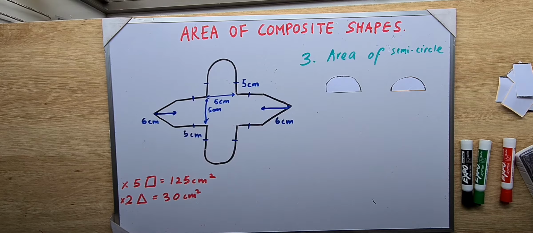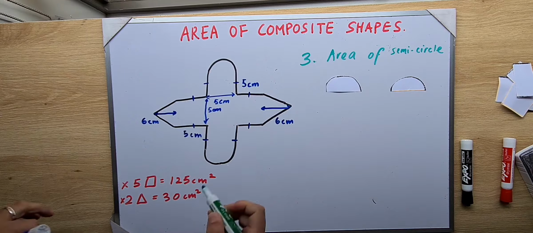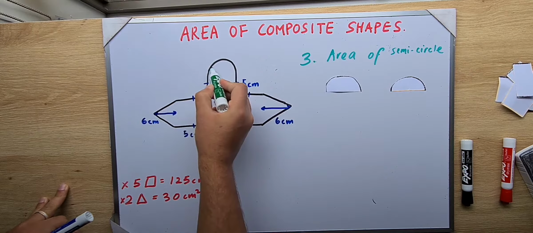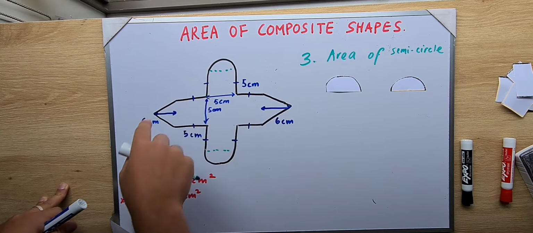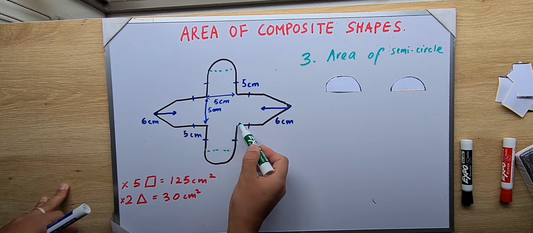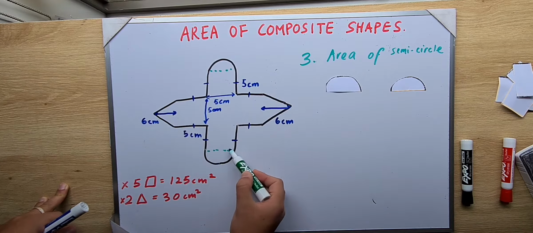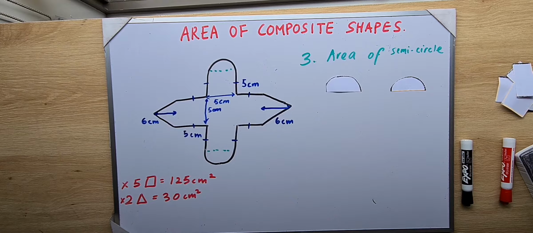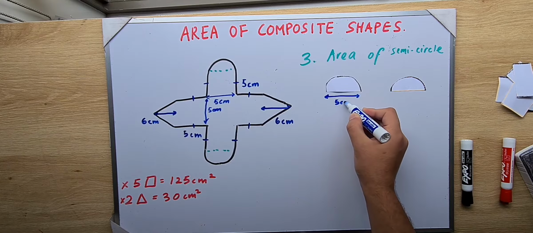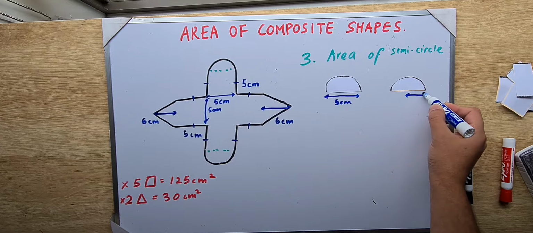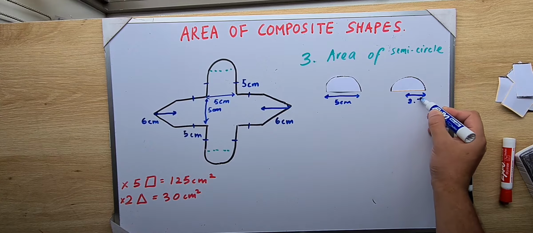So our semicircles are located over here and here, and we already know the length from here to here and here to here. It's just the same as the length of a square, 5 centimeters. So if from here to here is 5 centimeters, then the radius is just half of 5, which is 2.5 centimeters.